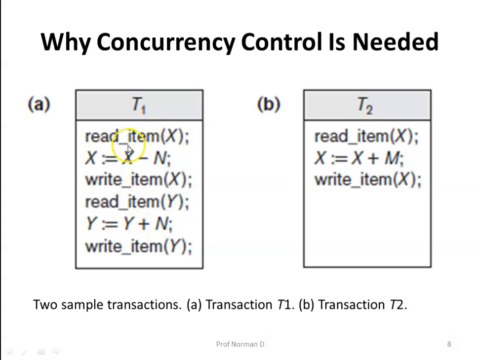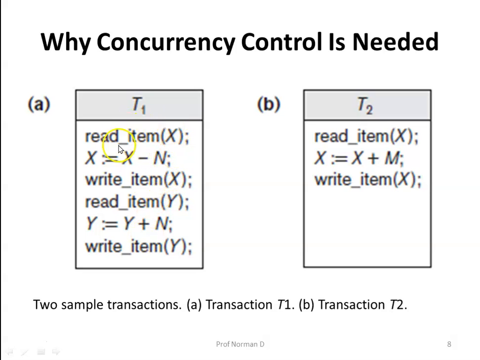So basically what happens here is we read the database item X, then we perform an operation and update database item X, then read database item Y, do an update with respect to the value n, and then update the value of Y in transaction T1.